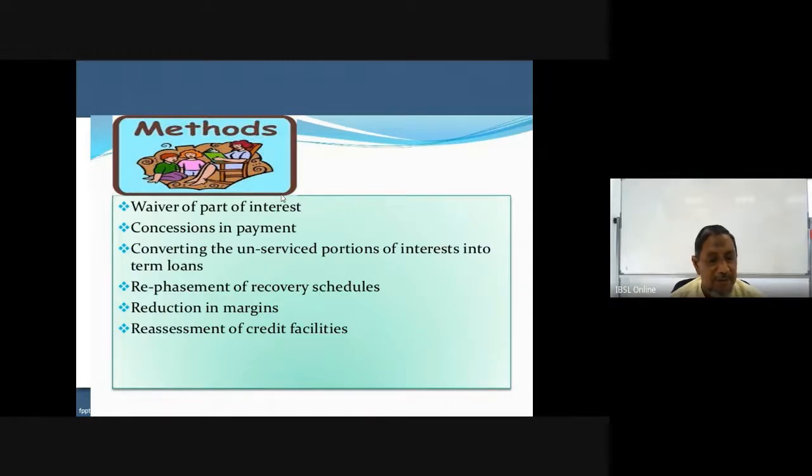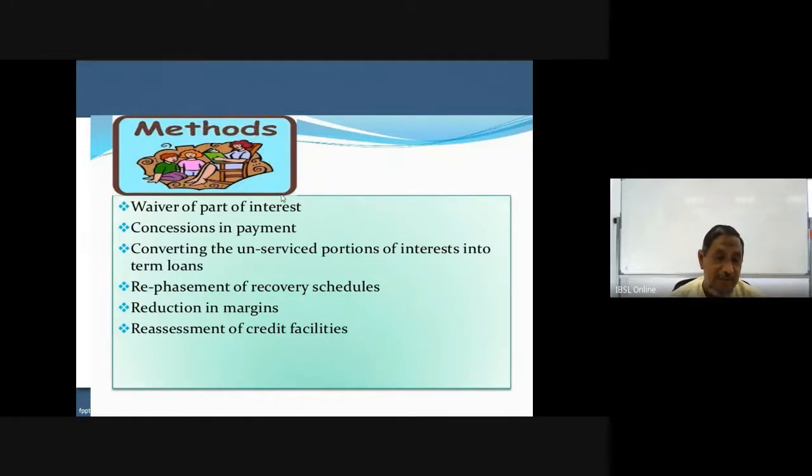Working capital, as I just mentioned, can be affected due to deterioration of the operational cycle and management weakness. If it can be rectified, we may be able to give further credit facility to the customer.